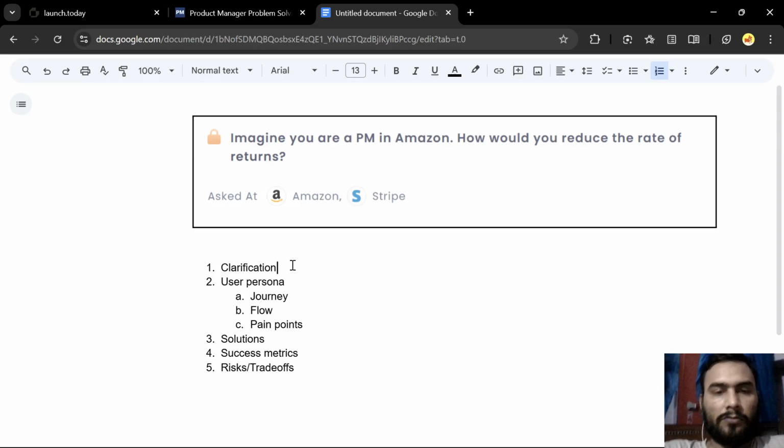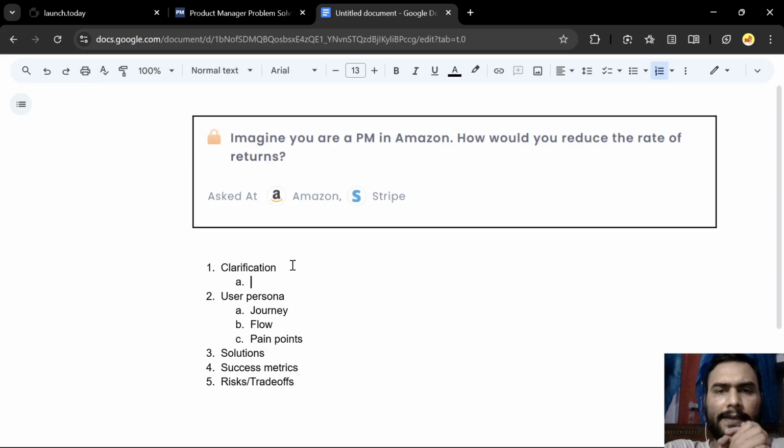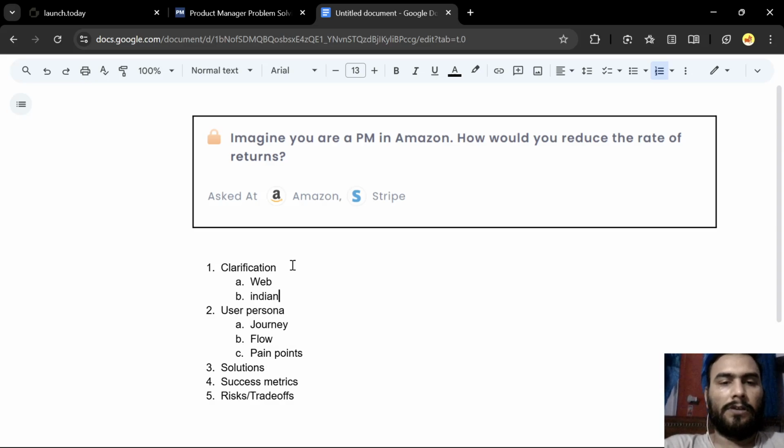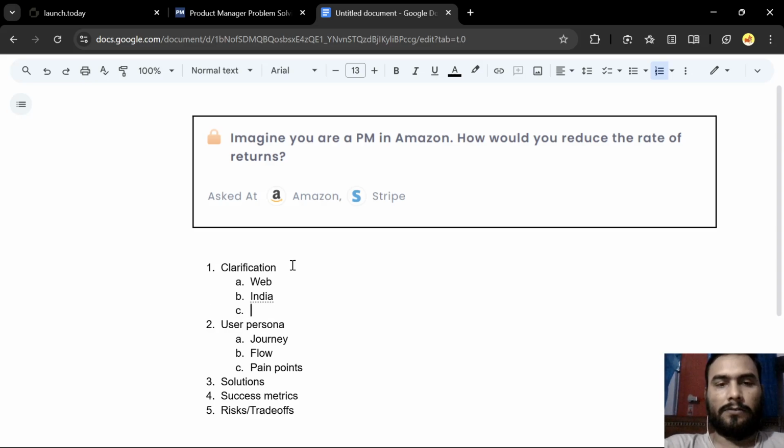So some of the clarifications would be the basic ones, like we are working for a web aspect of Amazon, and this is for the India geography.